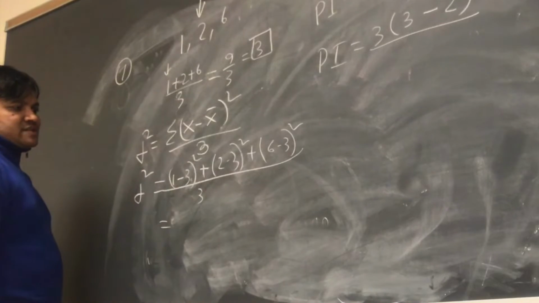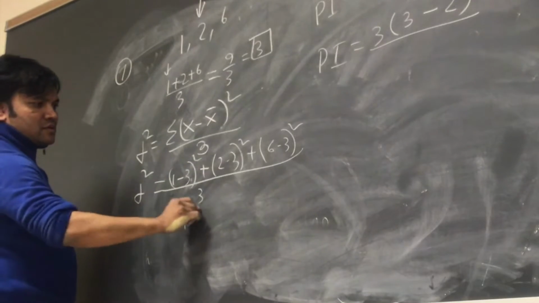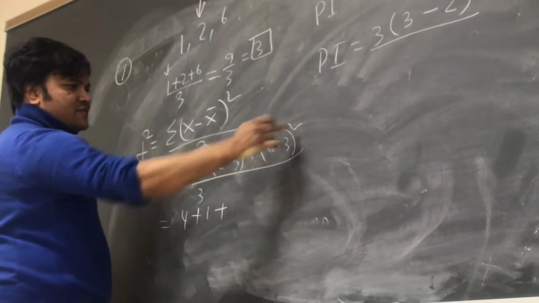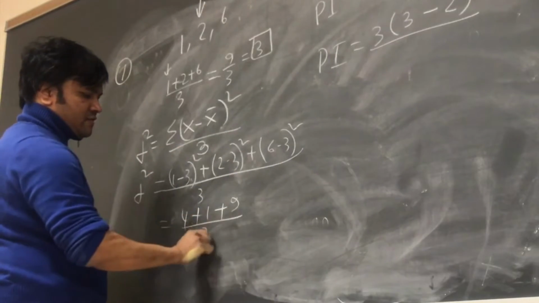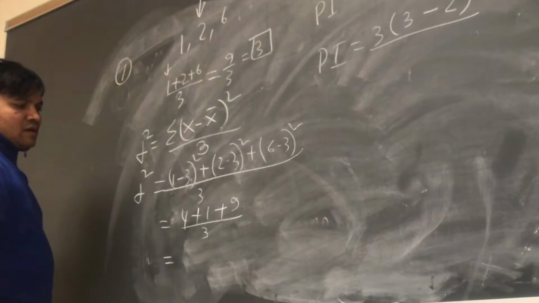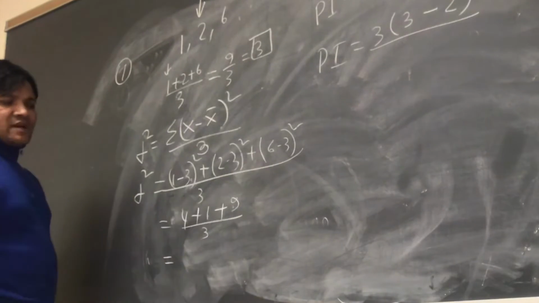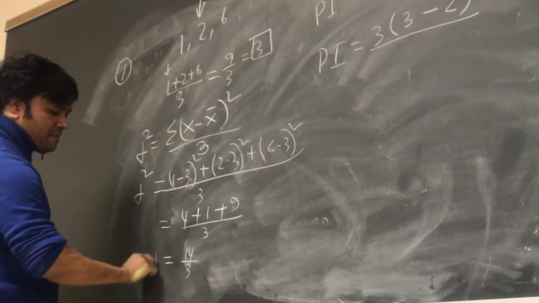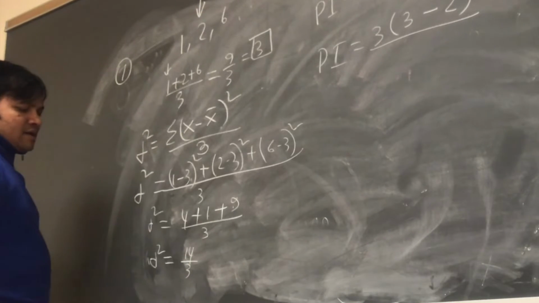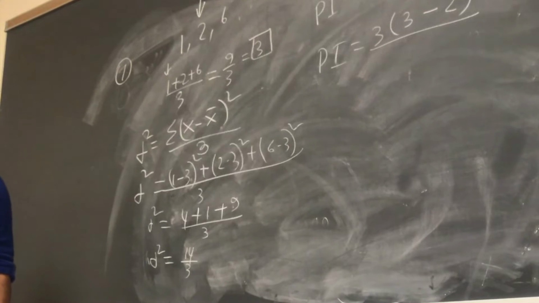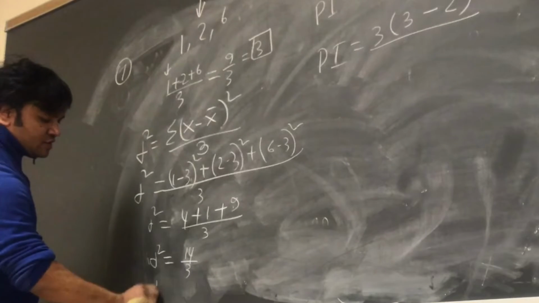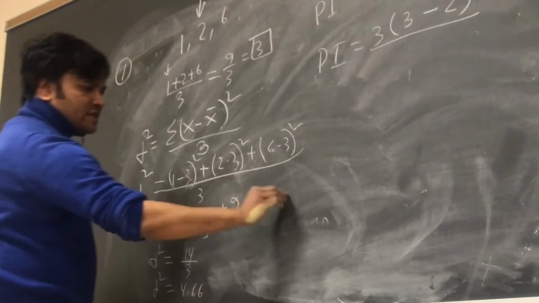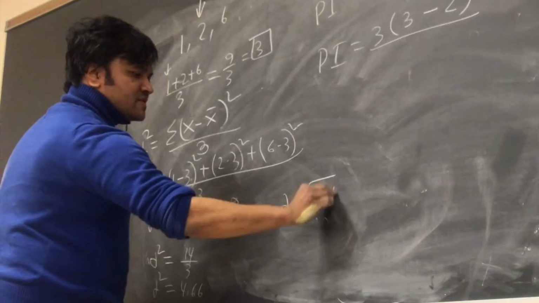So 1 minus 3 squared is 4, 2 minus 3 squared is 1, 6 minus 3 squared is 9, over 3. So 4 plus 1 plus 9 is 14 over 3. 14 over 3 is 4.66. Then the square root of 4.66 is how much?